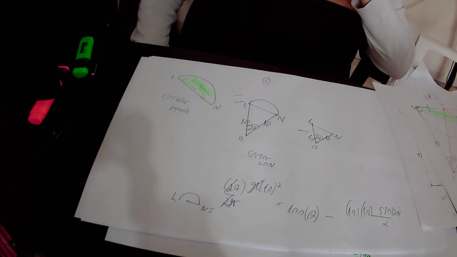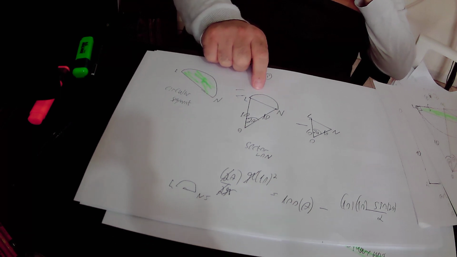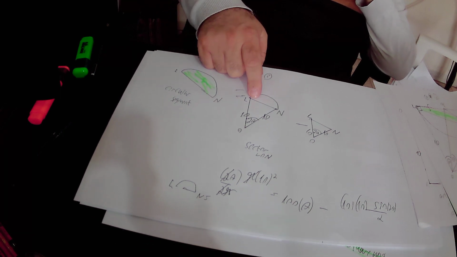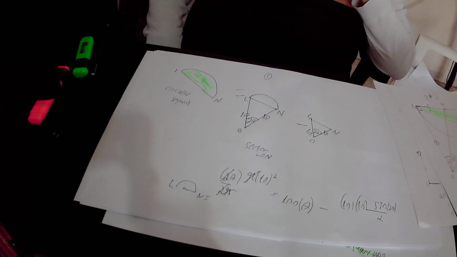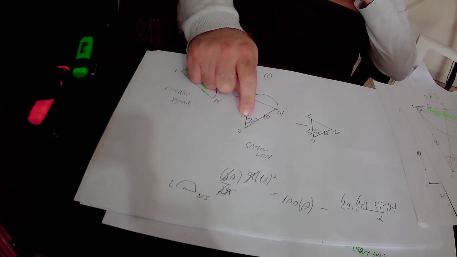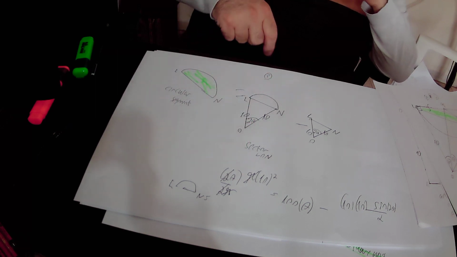Therefore, the area of sector NOL will be equal to the area of the circle, that is pi r squared, and r equals 10, so it is pi times 10 squared, times the ratio between the angle between the legs of the sector NOL over 360 degrees, or in terms of radians, 2 pi.